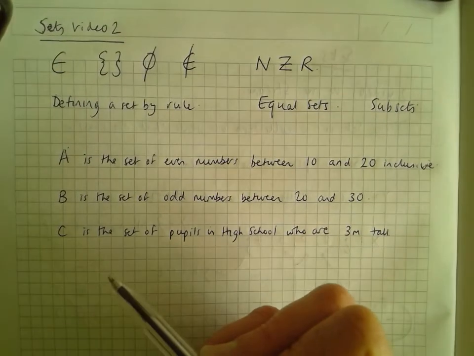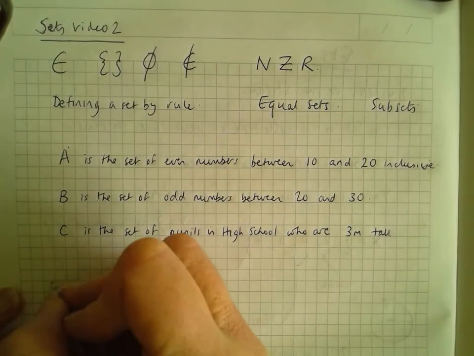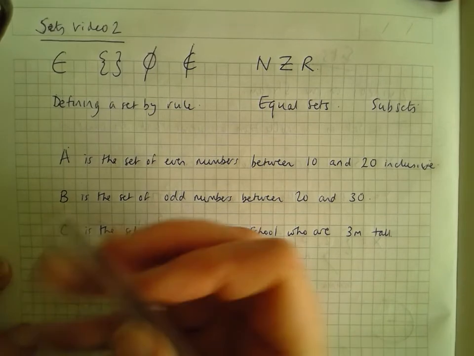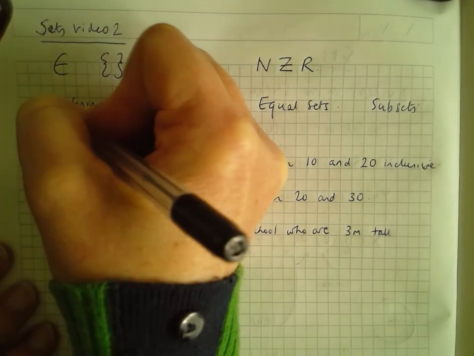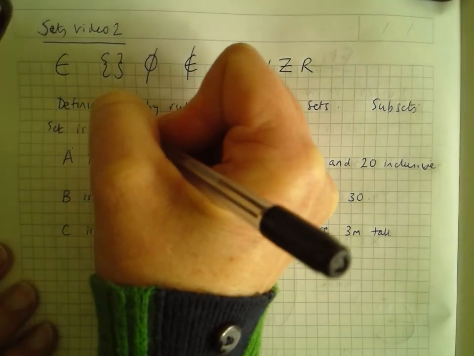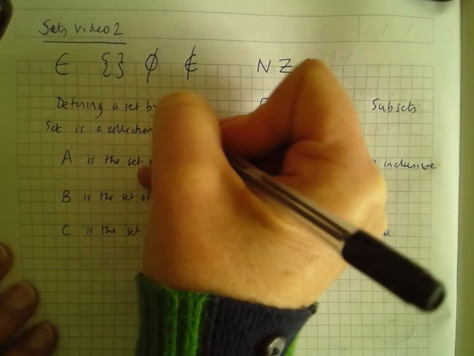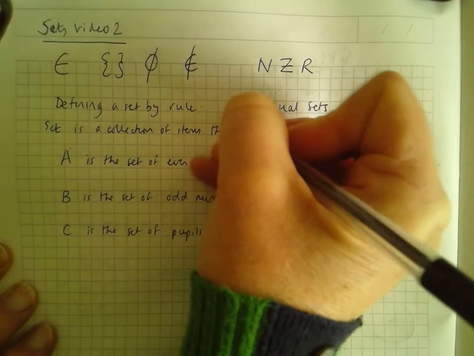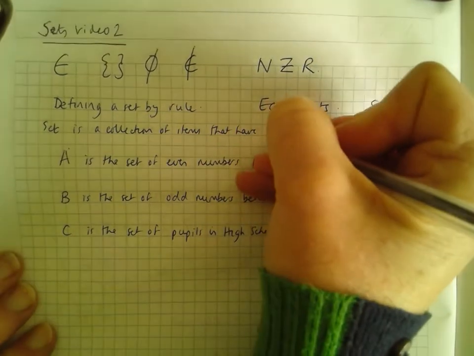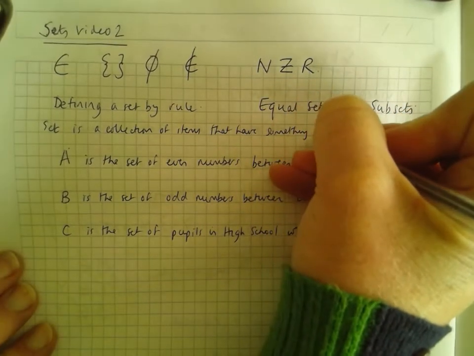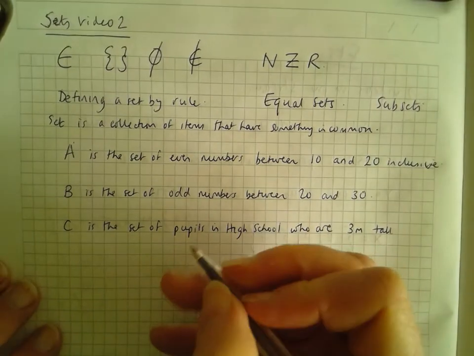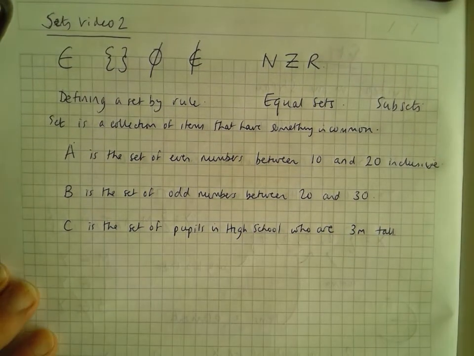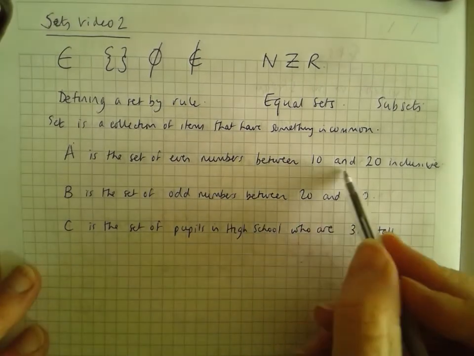So the first thing to say is that a set is a collection of items that are similar, that have something in common. For instance, A is the set of even numbers between 10 and 20 inclusive.